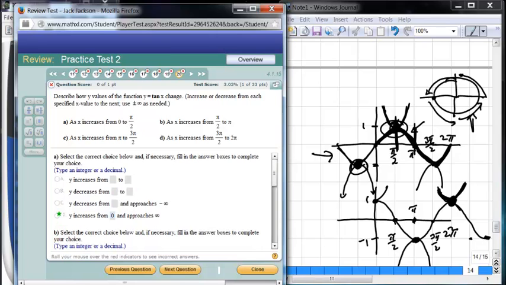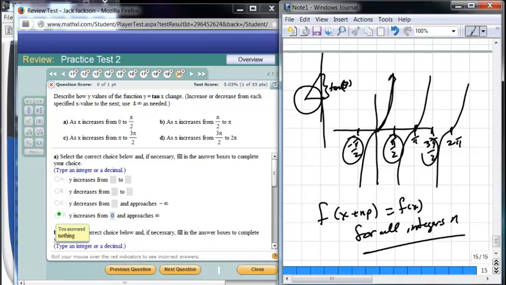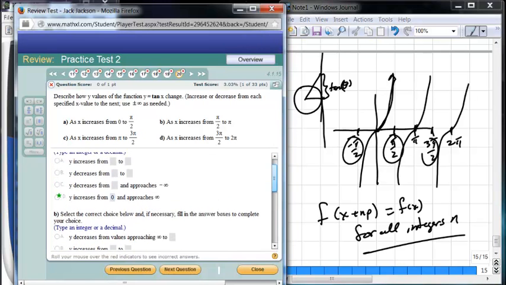Okay, let's look at the graph of tangent of x. We can also think of tangent of x as looking at this tangent line. And remember, this distance here is tangent of theta. But we can also just look at it from the graph here. As x increases from 0 to pi over 2, tangent goes from 0 and approaches infinity. It increases.